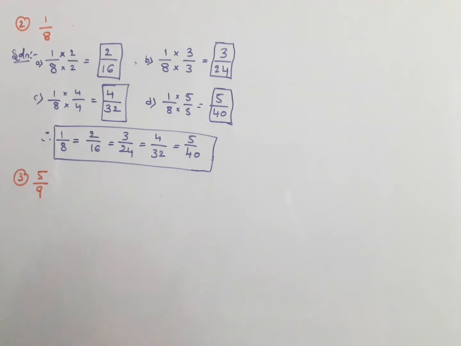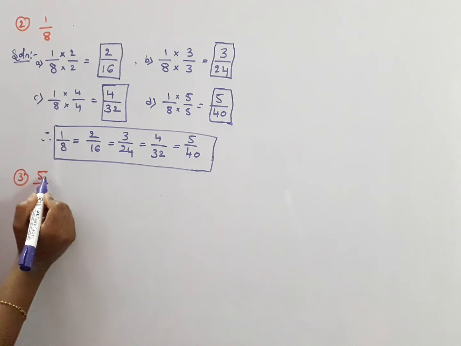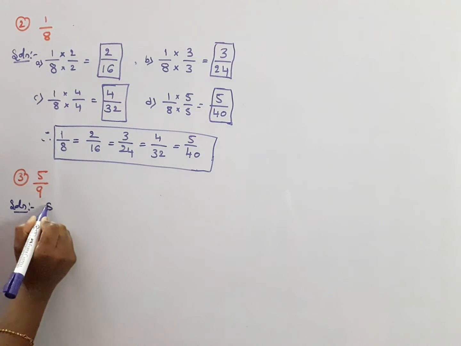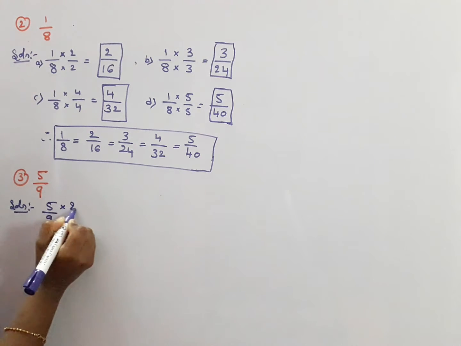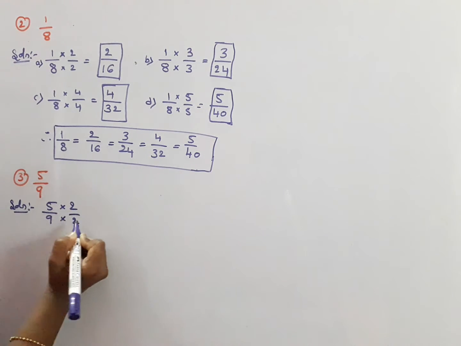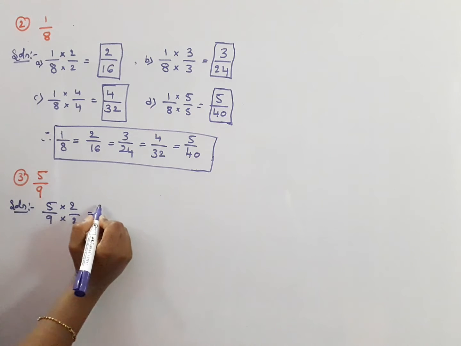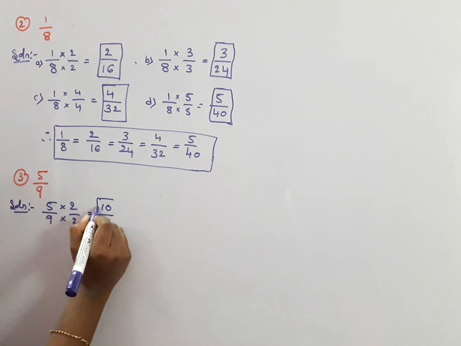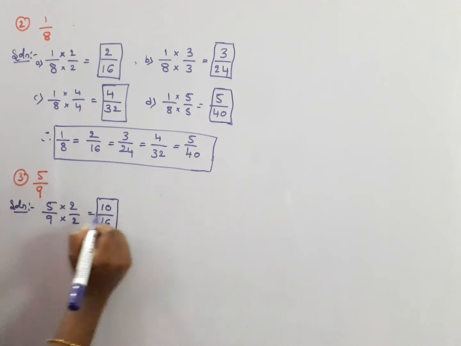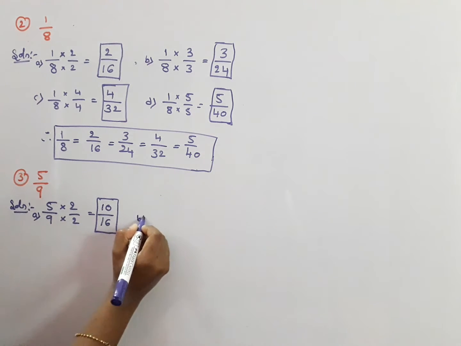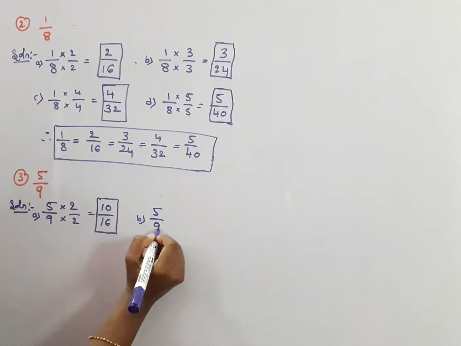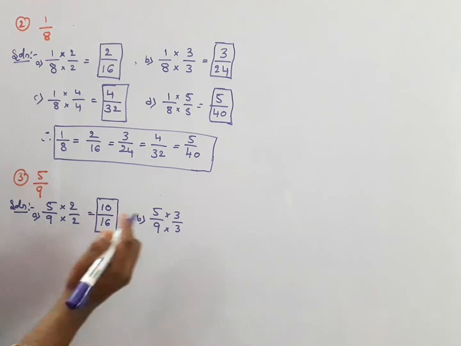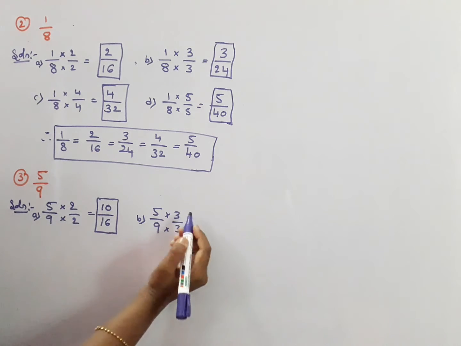The third one, find the 4 equivalent fractions of 5 by 9. So here write 5 by 9, multiplied by 2. 5 2s are 10, 9 2s are 18. First equivalent fraction. Second one, 5 by 9, multiply the numerator and denominator of a fraction by the same number.